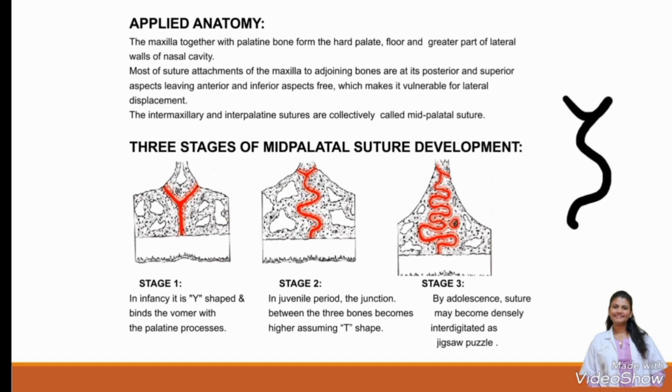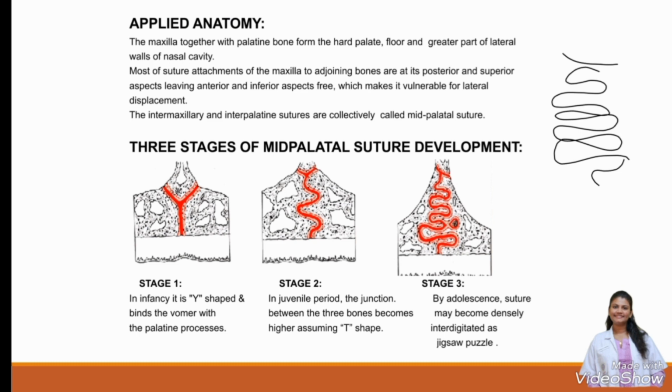The upper portion of the Y flattens out and the vertical portion develops a curve, effectively increasing the suture's length. It also gives a T-shape configuration. Stage 3. By adolescence, the suture may become densely interdigitated, giving the appearance of a jigsaw puzzle, associated with full maturity.